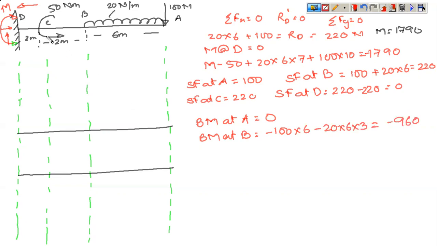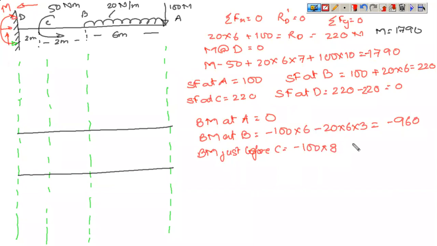Now at C there is a constant moment. Constant moment means that just before C there is an increase or decrease in moment due to the increase in distance, because distance has increased when you moved from B to C. As soon as you reach C you get an additional 50 Newton meter moment. So wherever two moments act together, or wherever you see a constant moment, you calculate the bending moment just before. So BM just before C: how much is it?